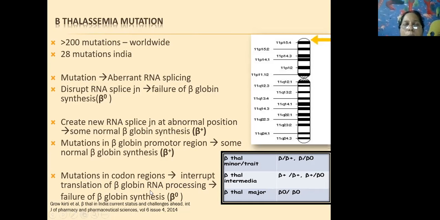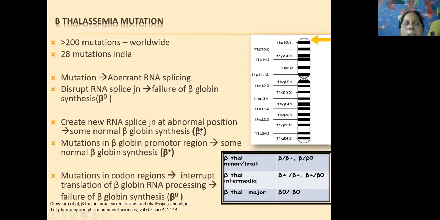You must already know all these words from general pathology: RNA splice junction, RNA processing. So beta naught is due to aberrant RNA splicing, or some problem in RNA processing.